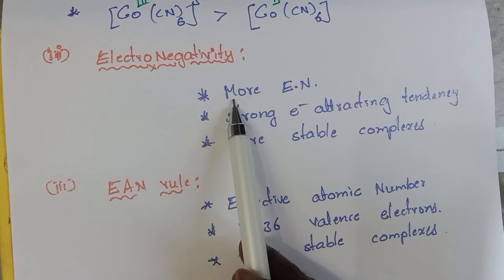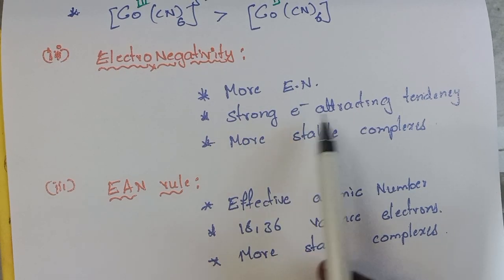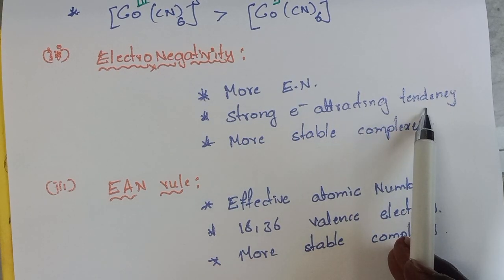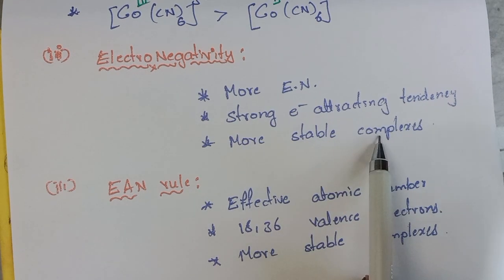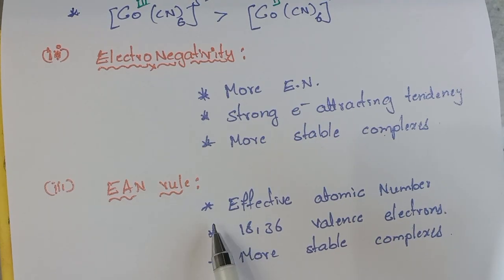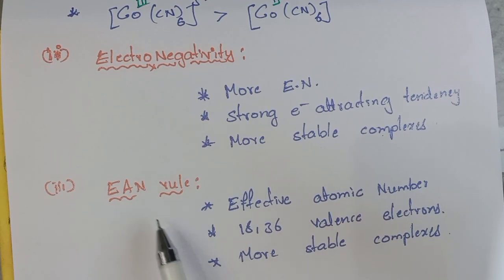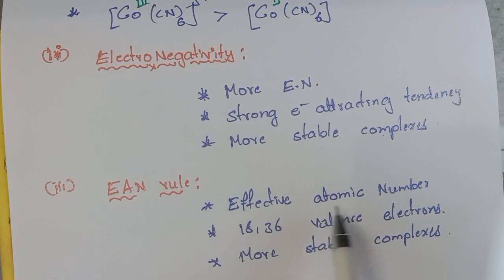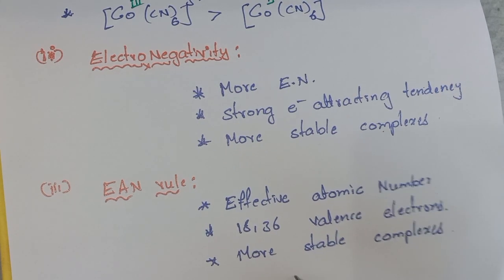So, if the metal is more electronegative, it has a strong electron attracting tendency. Therefore, it can form more stable complexes with the ligands. And next, EAN rule. The metal complexes which obey the effective atomic number rule will form more stable complexes. Therefore, K will be high.